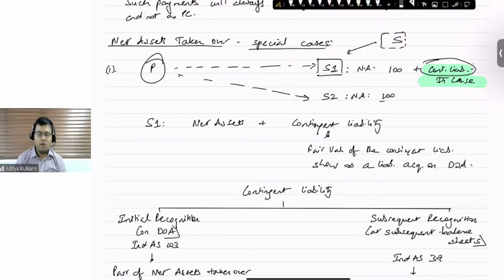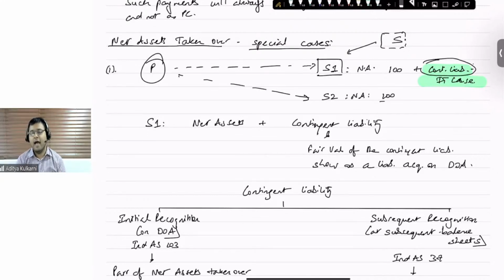So, in other words, can I say that the former parent is indemnifying? I'll come to your query, Manini. So, can I say that the former parent is indemnifying the new parent with respect to the contingent liability of S1? Can I now say that S is indemnifying P to the extent of the contingent liability?